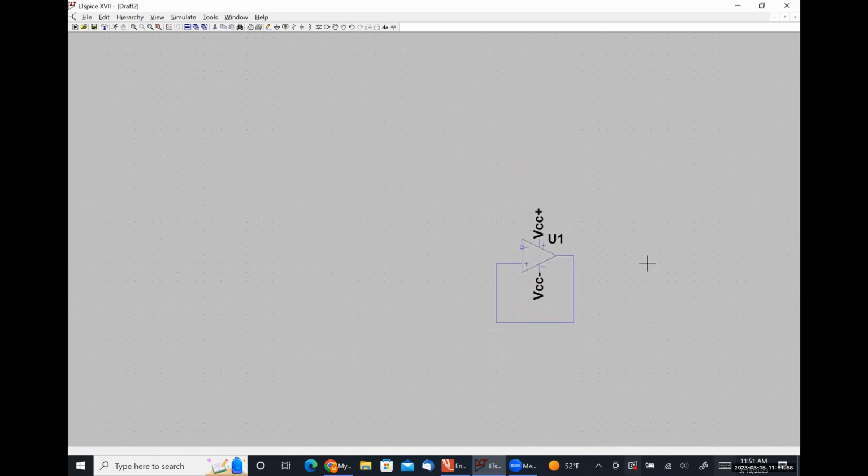Gonna make this smaller so I can put other things in. Nope, not that one yet. So there's my resistance R1. Here's my resistance R2.